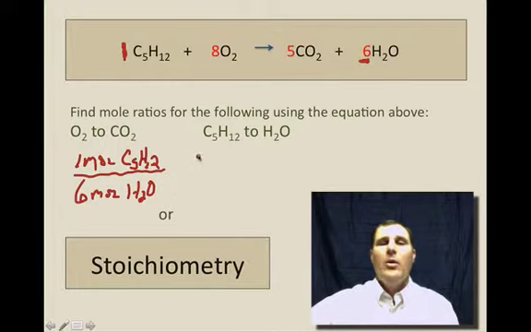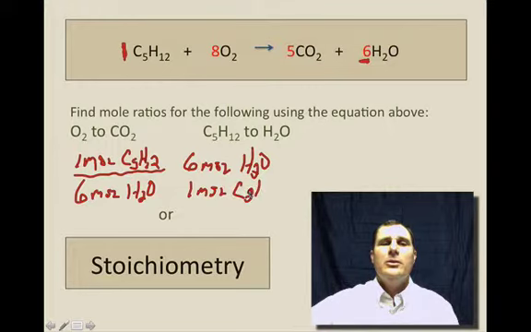Perfect. Or I could reverse it. 6 moles of H2O is equal to 1 mole of pentane. Oops. Let's make that a 5. There we go. Okay, so that's my 2 mole ratios for that.